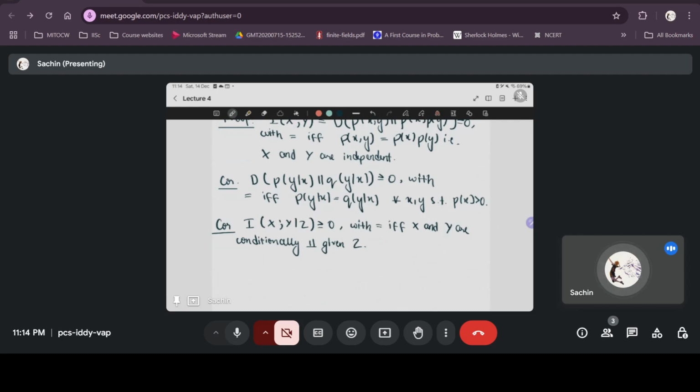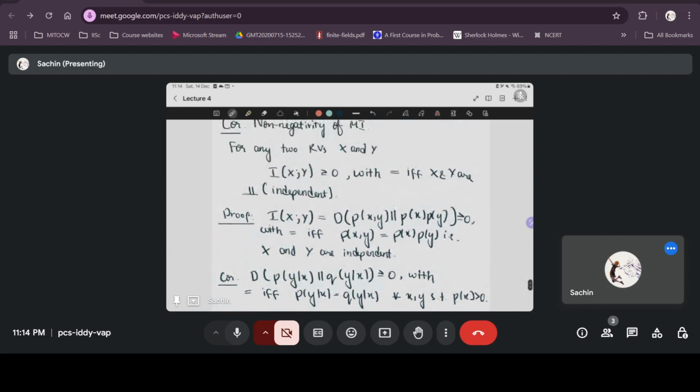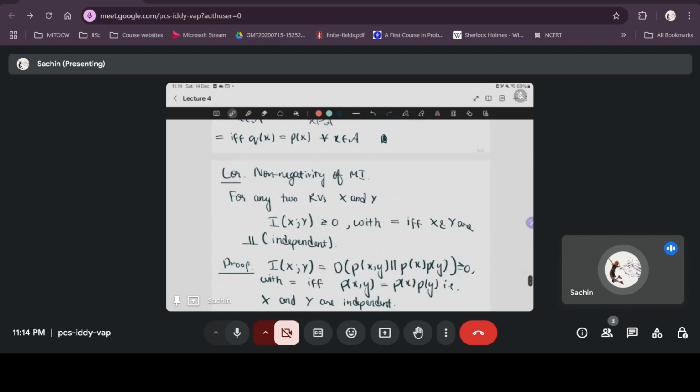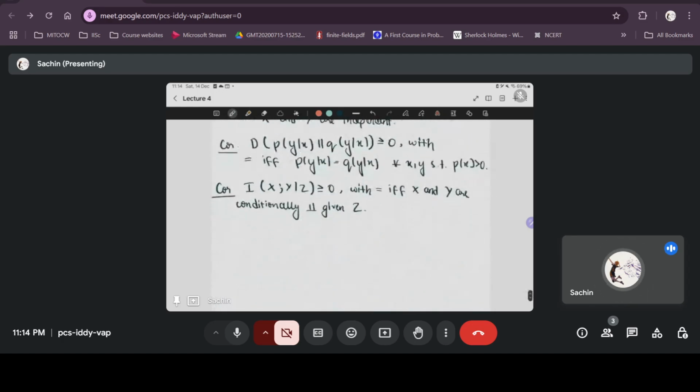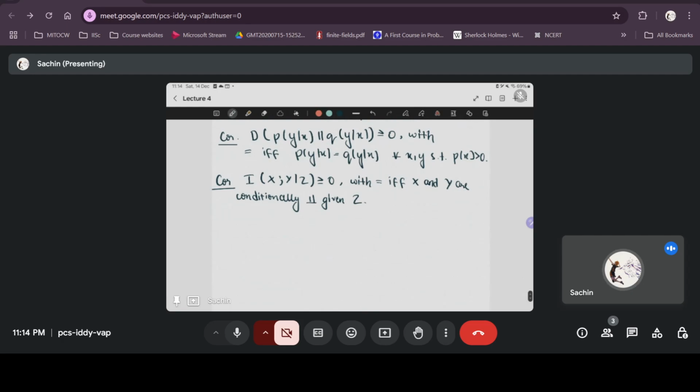So even in this case, when you do conditioning, it's a slightly different quantity. It's not as straightforward as I of x, y. So the conditioning will change things up a bit.